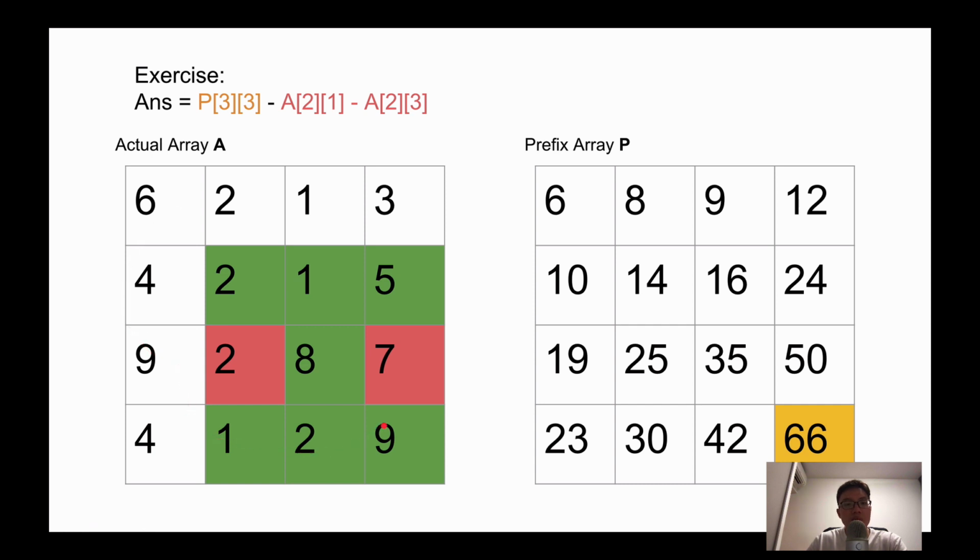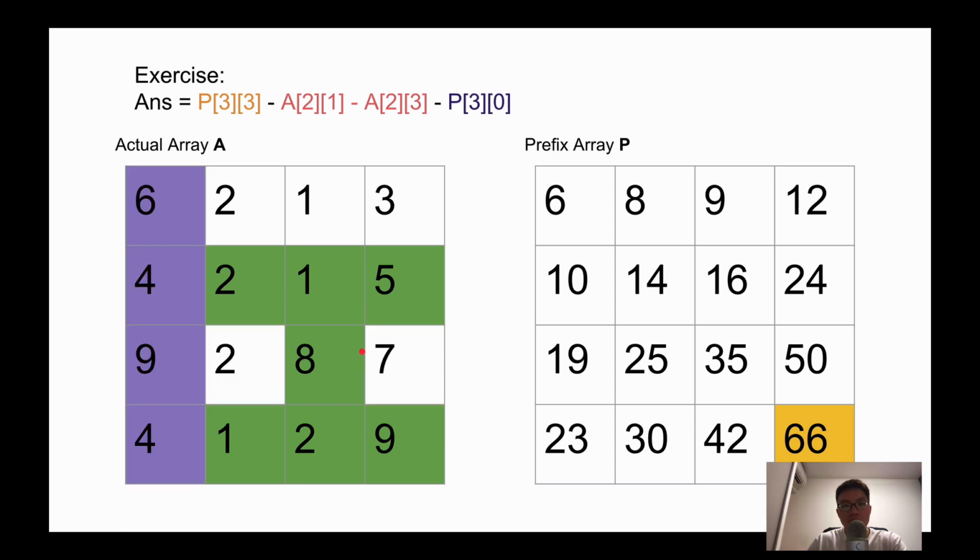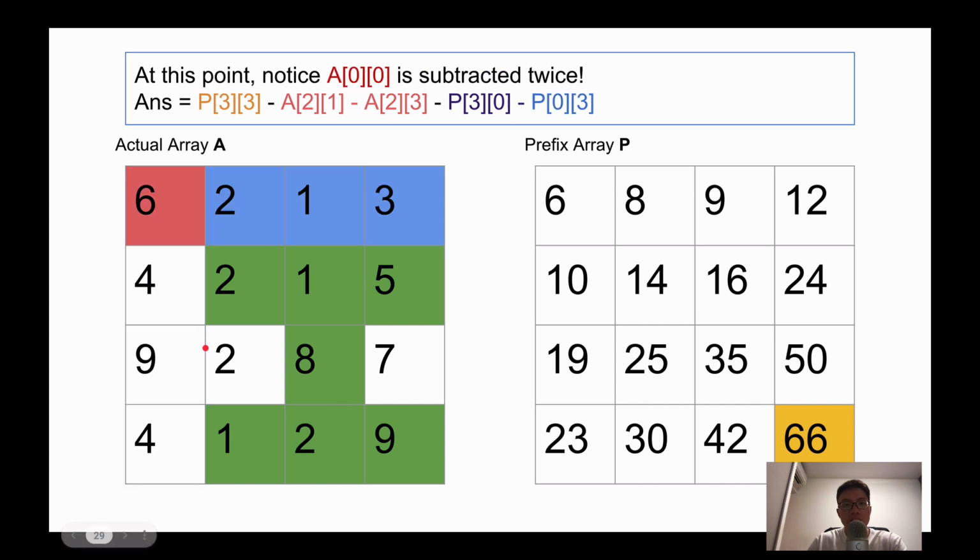So we do it step by step. First, we subtract 2 and 7, because we definitely don't need 2 and 7. Next, we subtract the leftmost column, because we also don't need the leftmost column in our computation. And then, we also subtract the topmost row, 6 2 1 3, from our calculation.